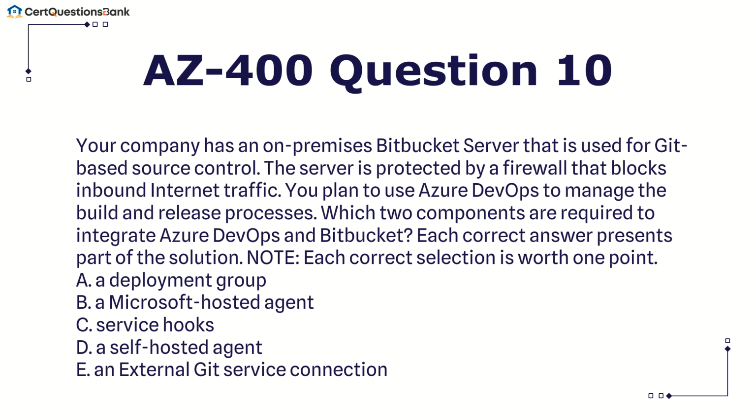Each correct answer presents part of the solution. Note: each correct selection is worth 1 point. A. A deployment group. B. A Microsoft-hosted agent. C. Service hooks. D. A self-hosted agent. E. An external Git service connection.